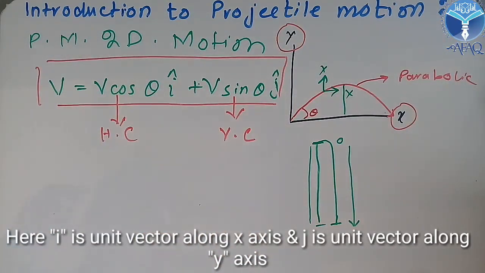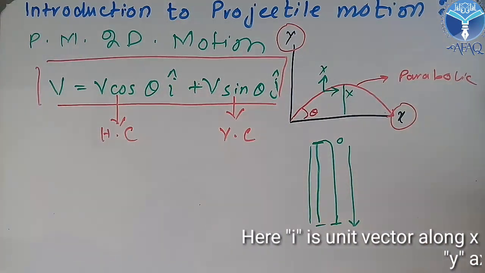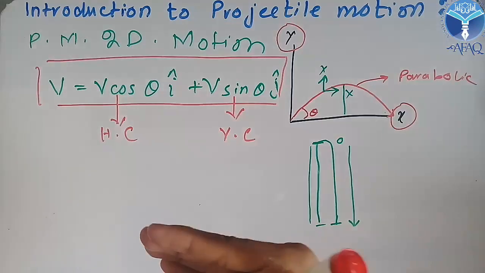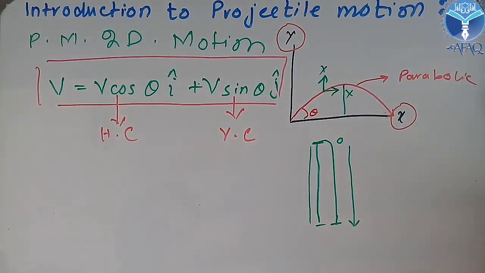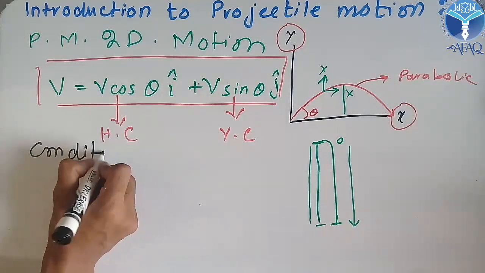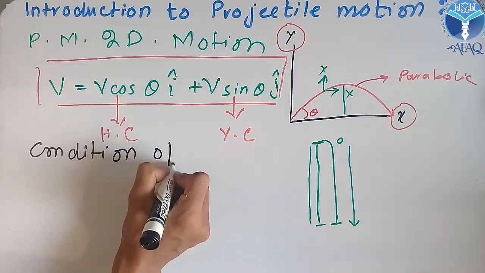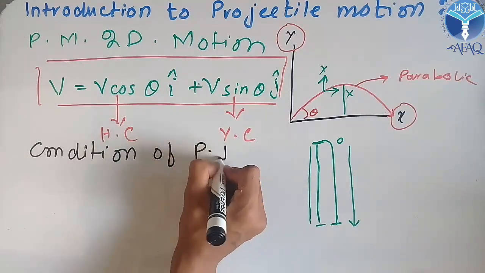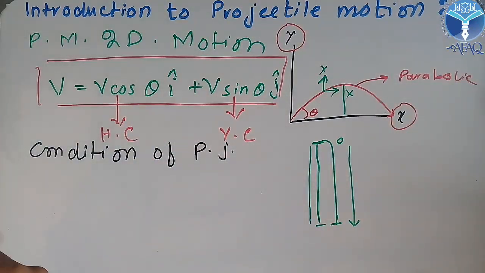These were some of the important points of the introduction to projectile motion. Now let me add some more sugar here for the conditions of the projectile, which are among the most important conditions.